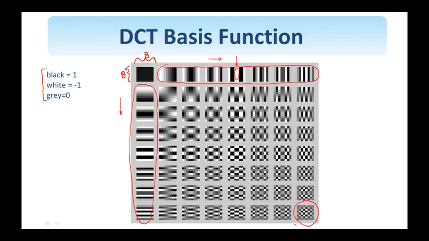So, as I have explained already, given an 8x8 image block or image patch, we just find its projection to all these 64 bases. And if, for example, I find the projection or the inner product between this base and the 8x8 patch, a number will result, which we denoted by FUV, and this is the DCT coefficient.